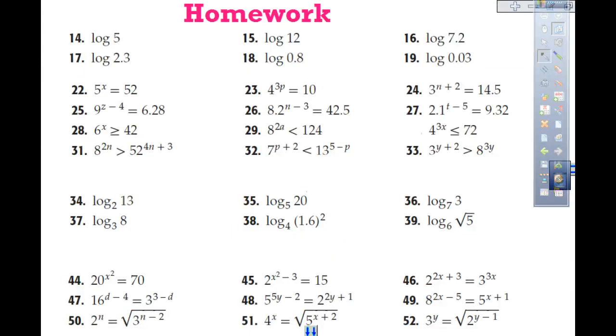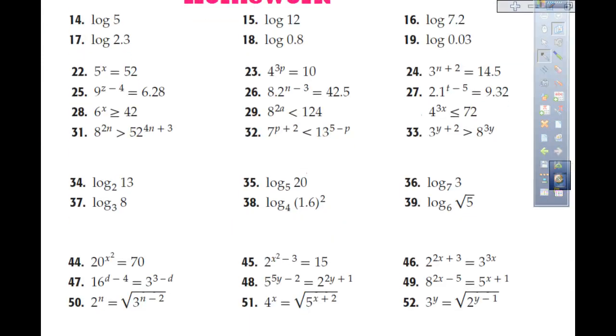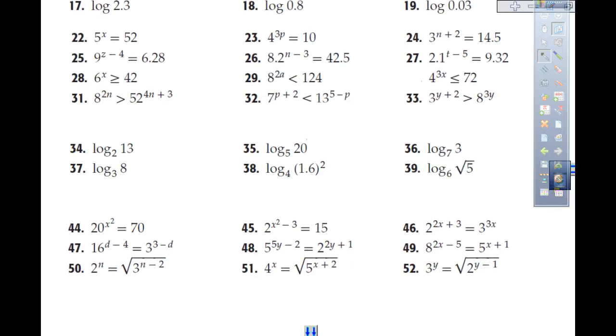So, good luck. It'll take a little getting used to. I guess you might want to recall, just for the last few, because I didn't do any that had a square root in them, but hopefully you recognize that a square root is simply the 1/2 power.